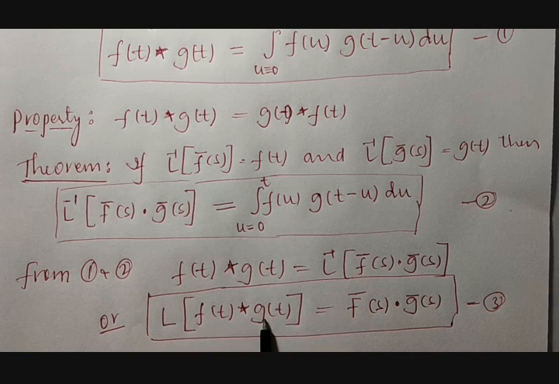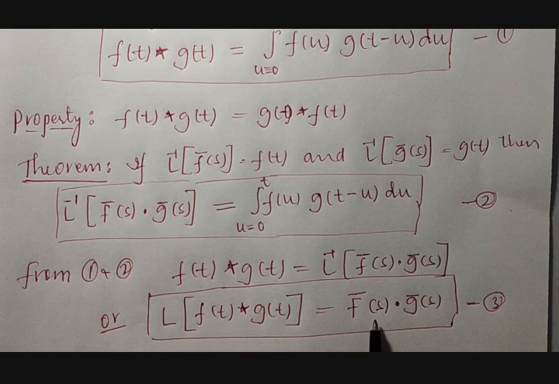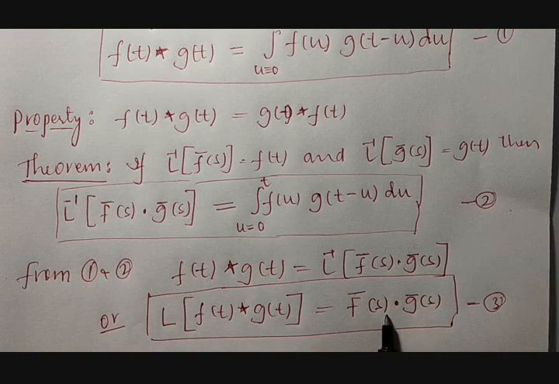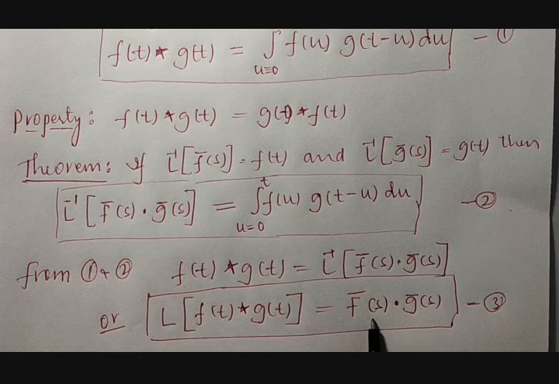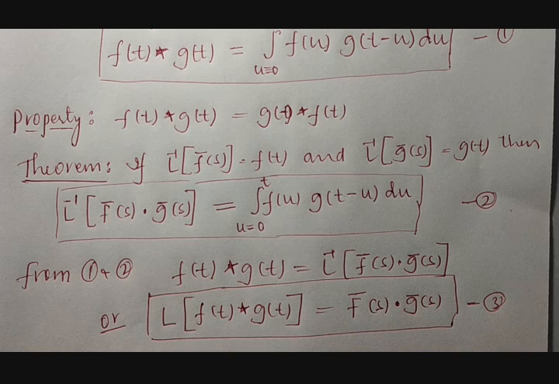The symbolic representation along with the Laplace transformation will provide the result through f bar of s and g bar of s. We know how to obtain f bar of s as well as g bar of s, and its product will be our result. Here we'll take one example to verify this convolution theorem.